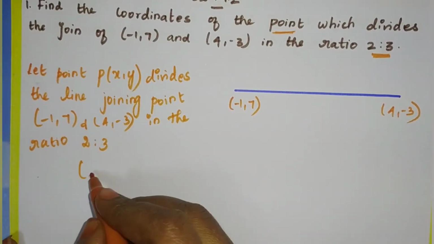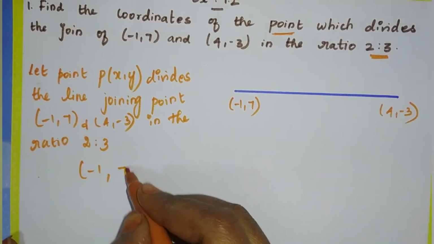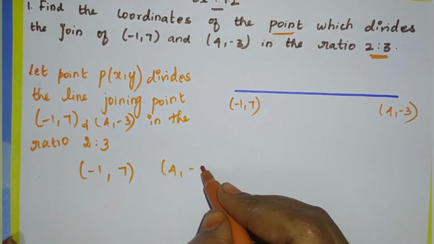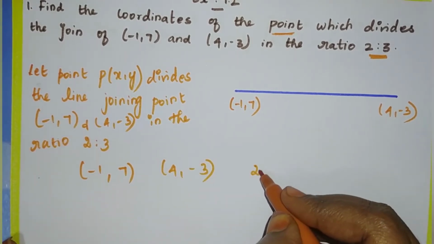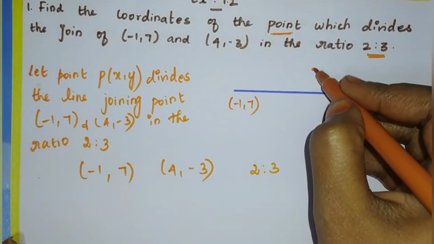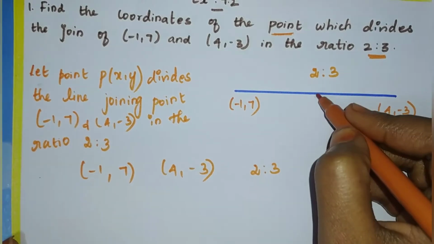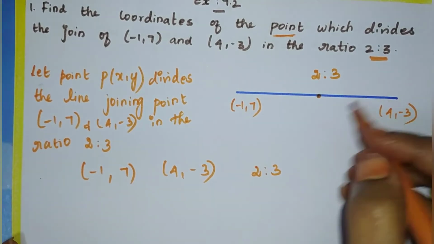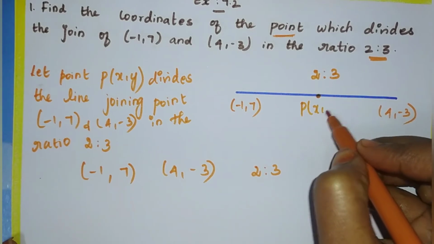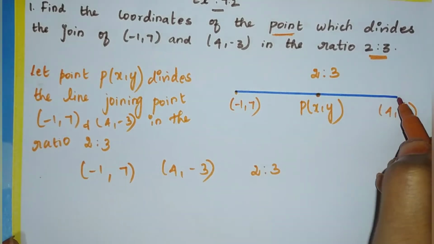Clear? Write the points -1, 7 and 4, -3 and the ratio 2:3. That point P of x, y is what we are going to find.